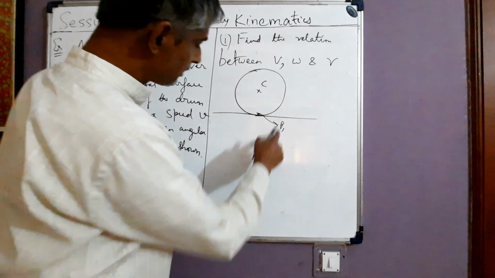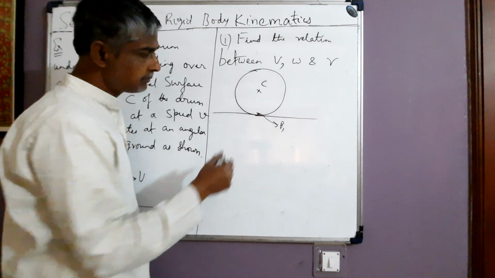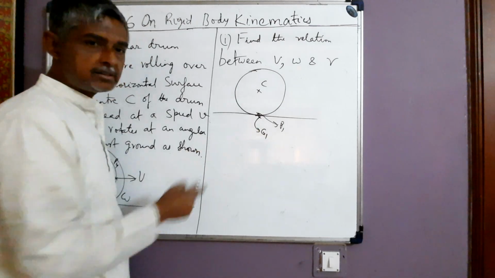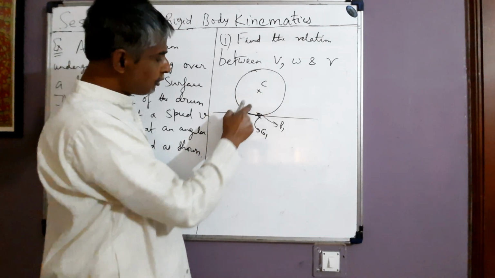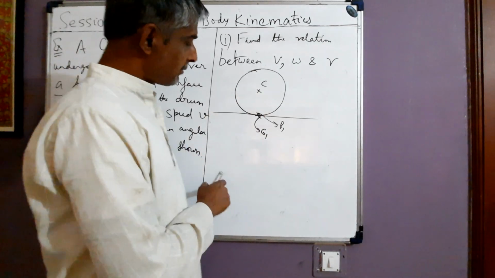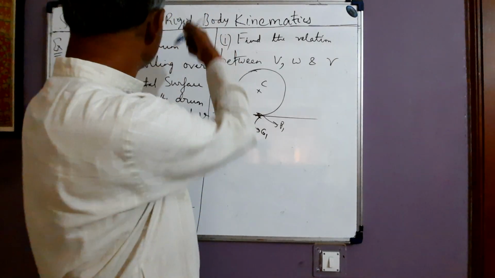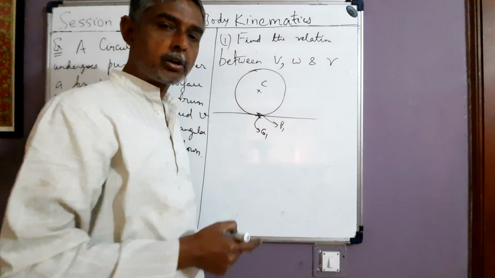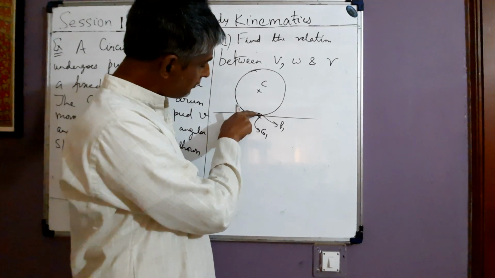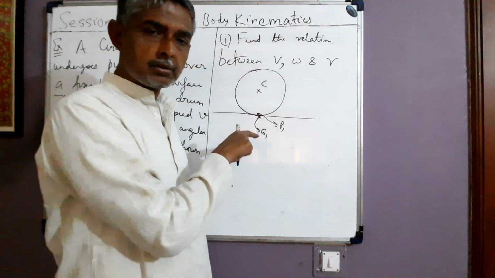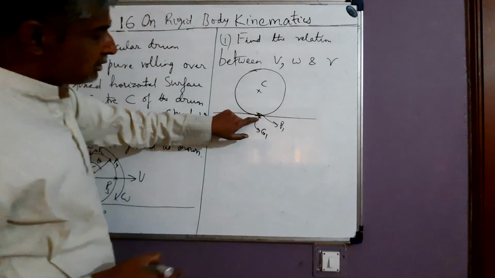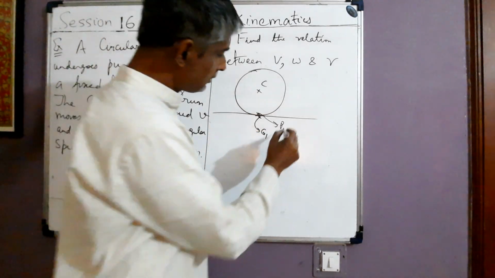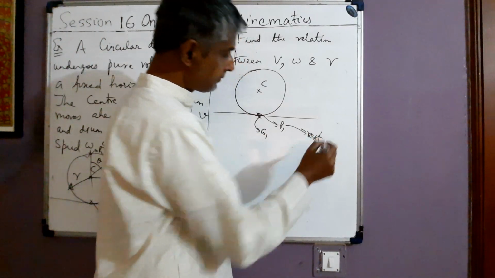With respect to the ground frame, this point of ground G1 is at rest. The drum is undergoing pure rolling over the ground surface. As I discussed just now in the previous video on the 15th session, when one body rolls over another in pure rolling, then the velocities of the two points of the two bodies in contact are always equal. So G1 is at rest with respect to ground, so with respect to ground, P1 should also be at rest.